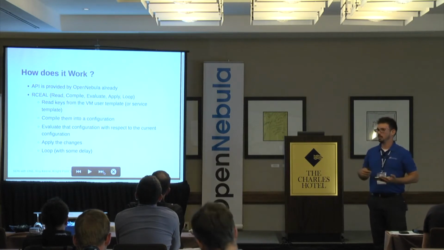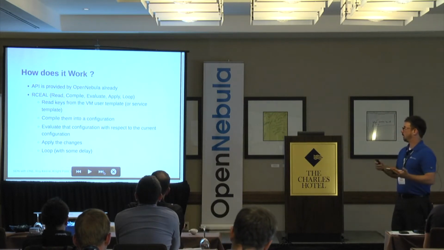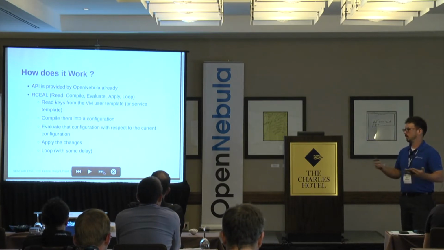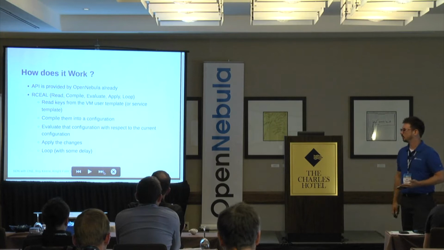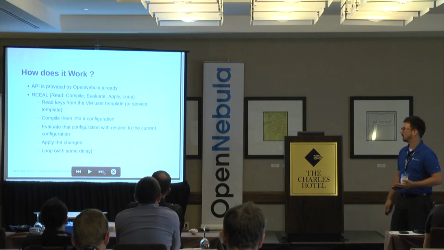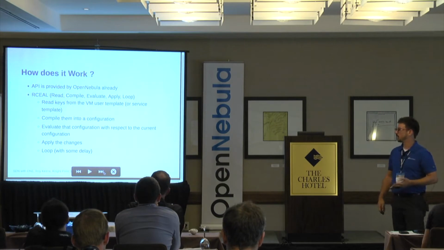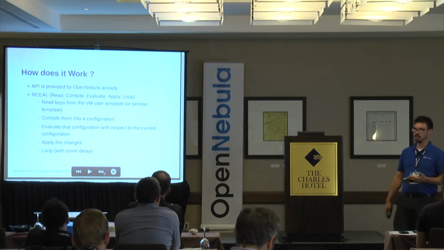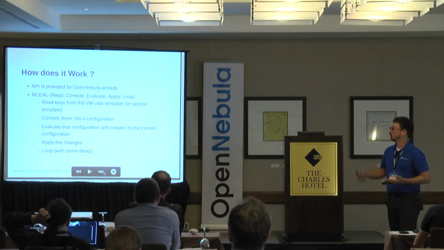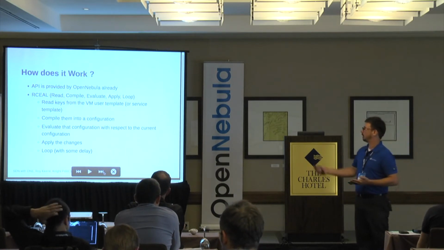It'll compile them into a configuration, evaluate that configuration with respect to the current configuration, and then apply the differences so that the running system is actually as the user requested it, no matter what its previous state was, and then keep doing this over and over again until you're tired of it. You kill the machine. So this is a general purpose paradigm.